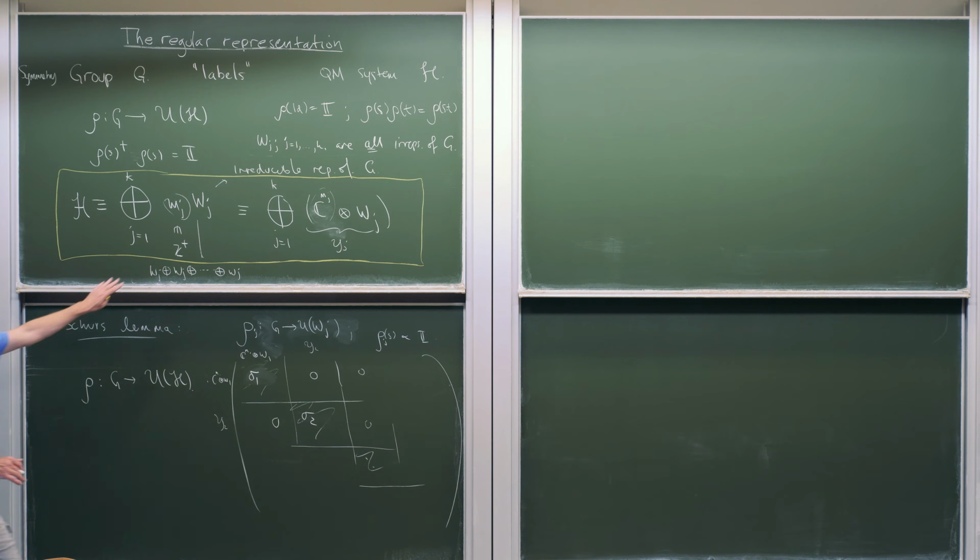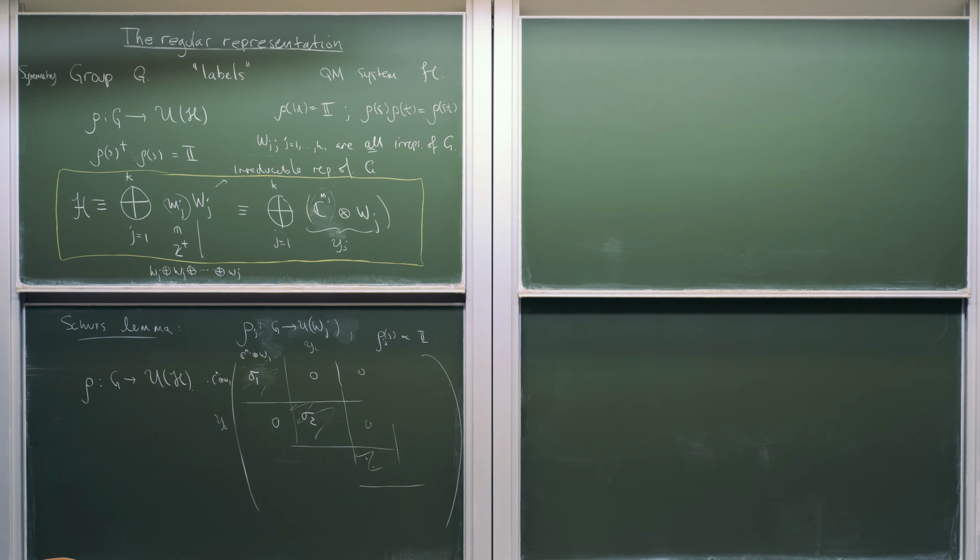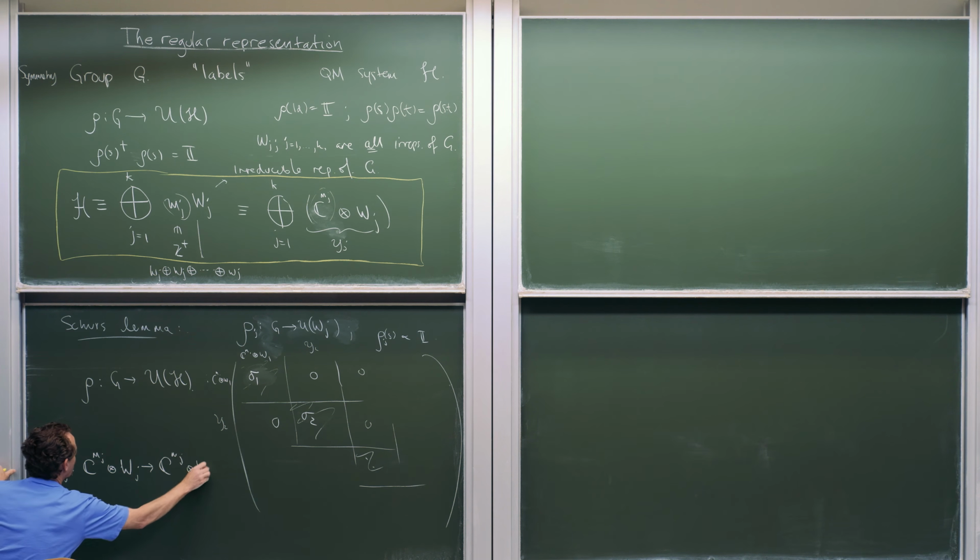But now we can look at this decomposition here and we can say, how can sigma 1 act? Well, or sigma j. Sigma j acts on this subspace Yj. I gave it a name.